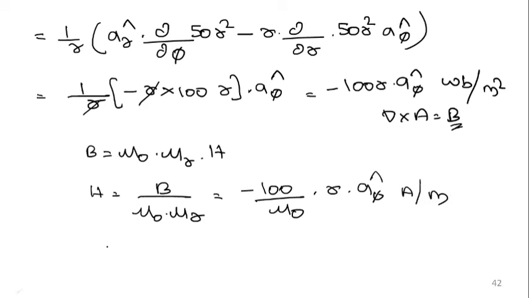And now we need to find out J. For J, you need not go for integral B dot ds and all. J is equal to del cross H. That also we know already. So the same formula you can use here for the cross product.